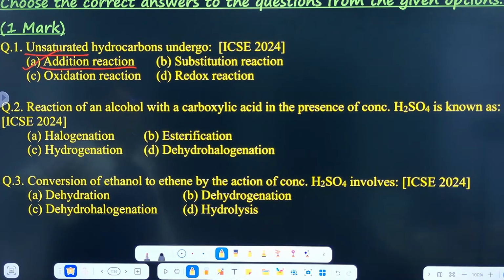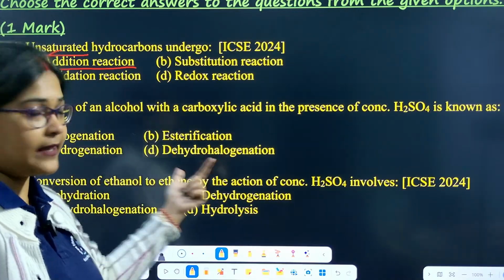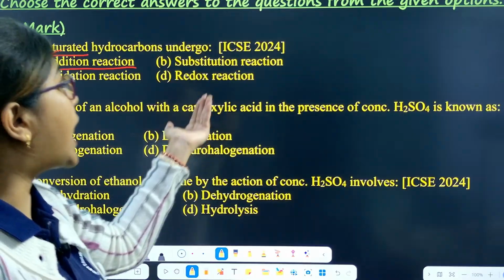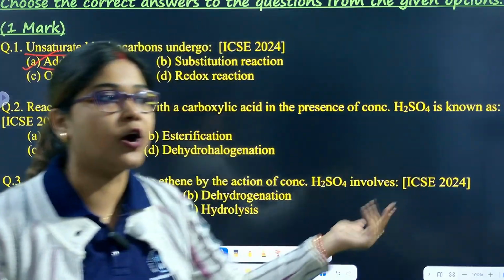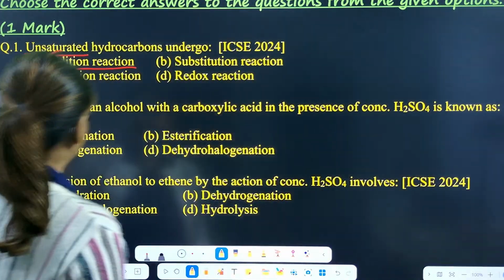Next is reaction of an alcohol. See, MCQ में ये आ गया है, reaction of an alcohol with a carboxylic acid in the presence of concentrated sulfuric acid is known as what?